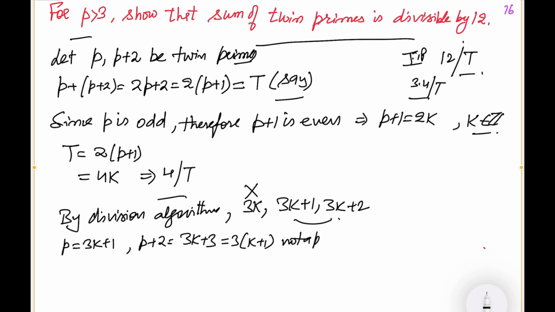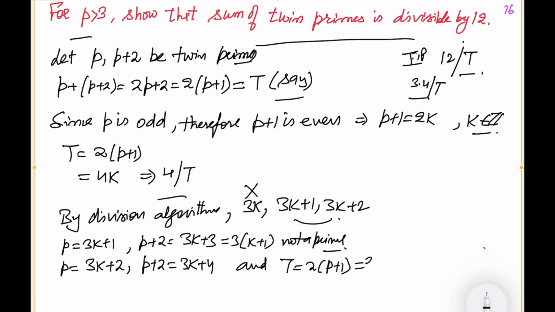So p cannot be 3k plus 1. Second case, 3k plus 2. Then p plus 2 will be 3k plus 4, and t becomes 2 times p plus 1, putting the value of p here, 2 times 3k plus 3. So clearly 3 divides t.